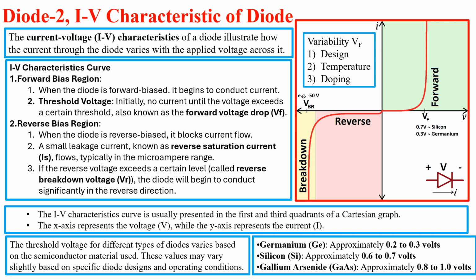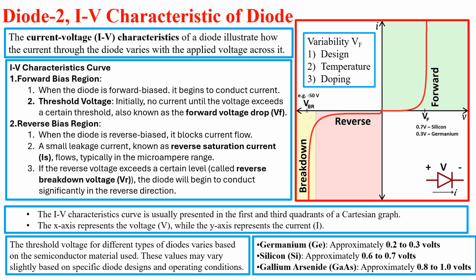For gallium arsenide, the threshold voltage is approximately 0.8 to 1 volt, and this voltage is relatively high compared to germanium and also higher compared to silicon. Gallium arsenide diodes offer high performance in high frequency applications due to their superior electron mobility.